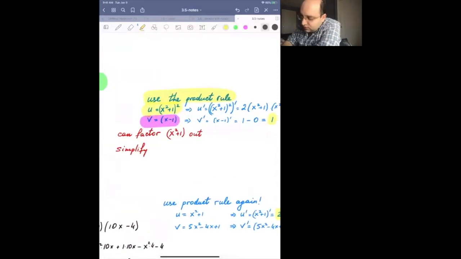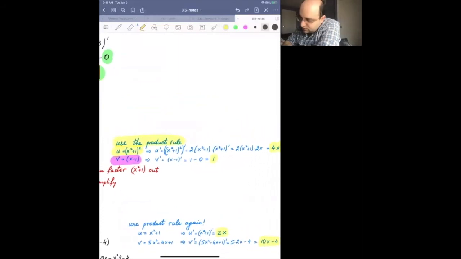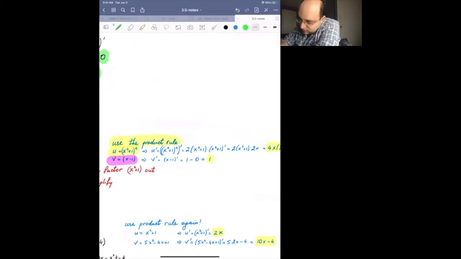In order to calculate the derivative here, we have to use the chain rule, right? So I can just write that down. We're using here the chain rule to calculate the derivative. That gives me the derivative of the outside function, which is the squaring.